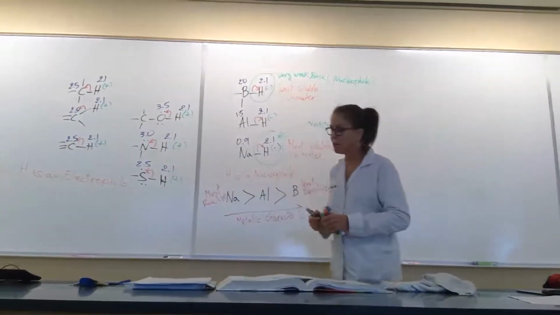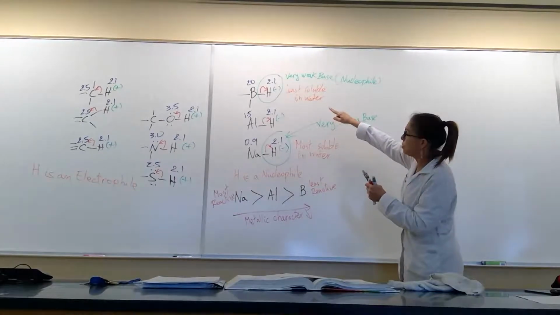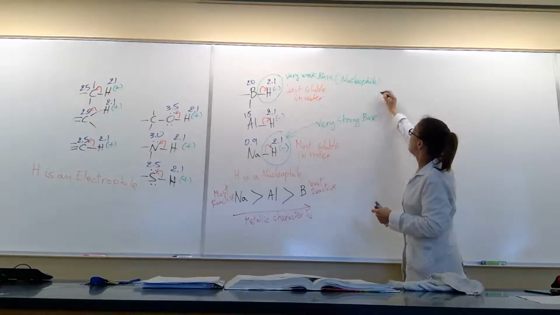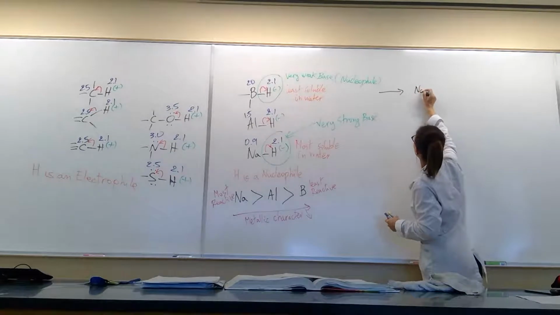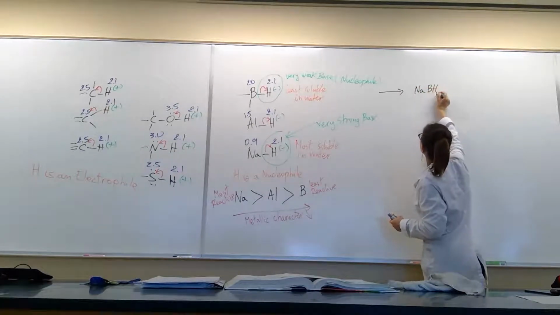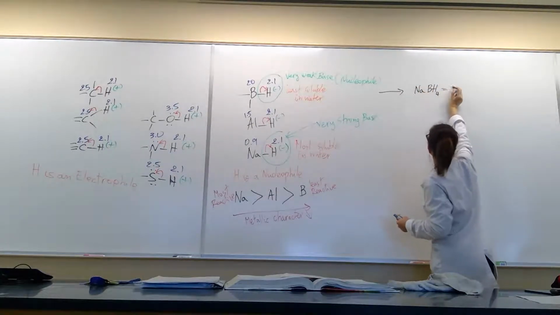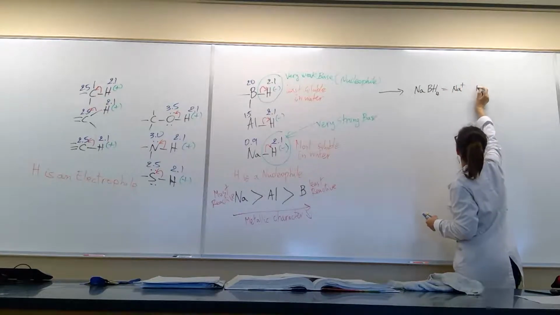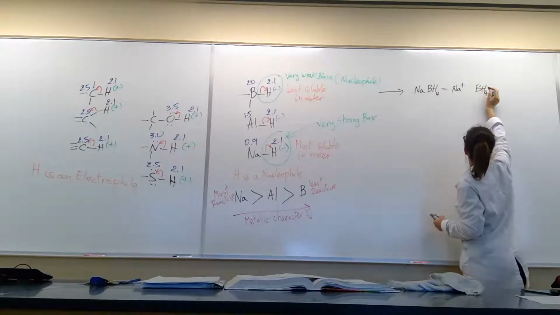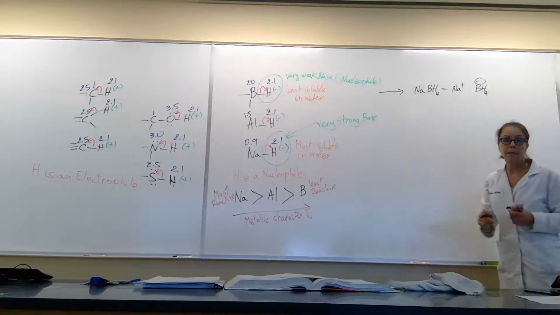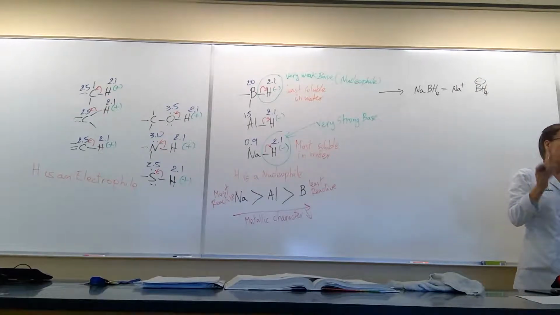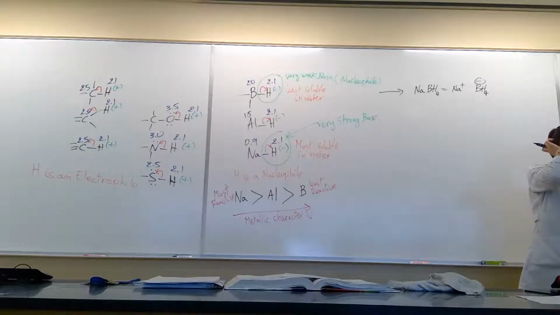By the way, I forgot to mention the source here for hydrides that has a B: it's always going to be NaBH4. So it's Na plus and BH4 minus. Okay? So when you see NaBH4, it means the source of the reaction is a hydride and it's a nucleophile.